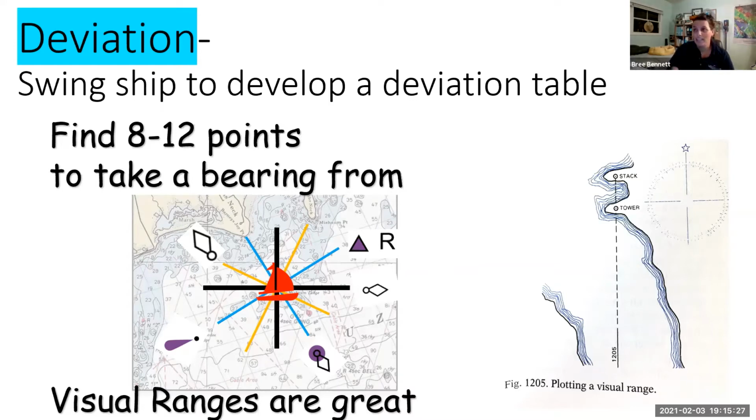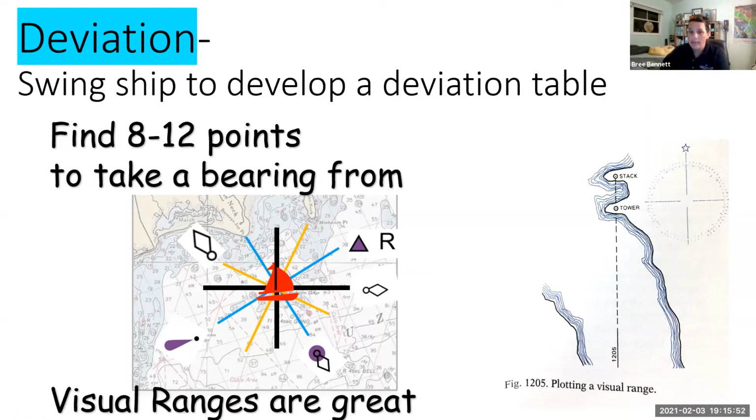Well, I guess you can't do it at any time. You want to do it in a coastal area where you have many landmarks or things around you to take bearings from. And we're going to get into how to take bearings a little bit later. But essentially, you want to be in a known position so that you can see on the chart, I'm in a known position.